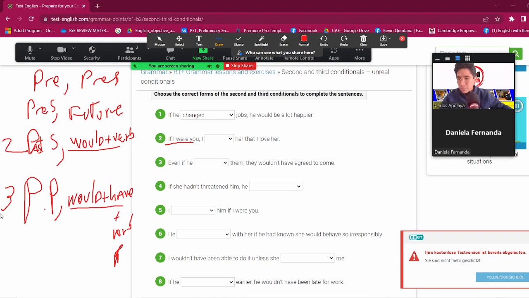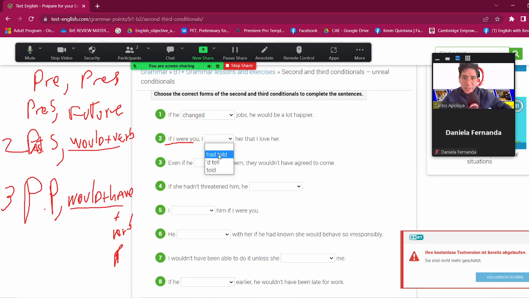The second conditional. So which one is the second conditional here? Had told, I tell, or told? I tell.